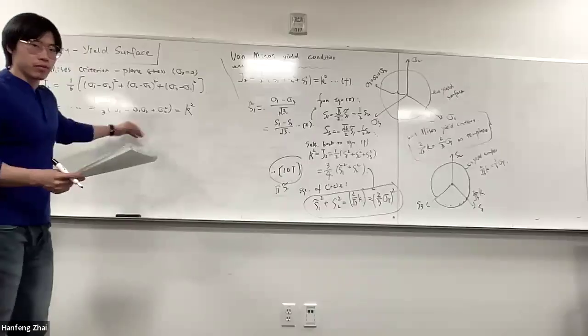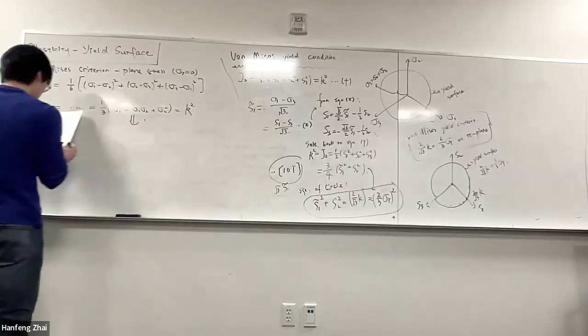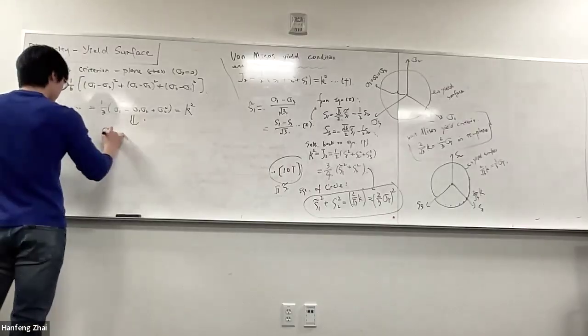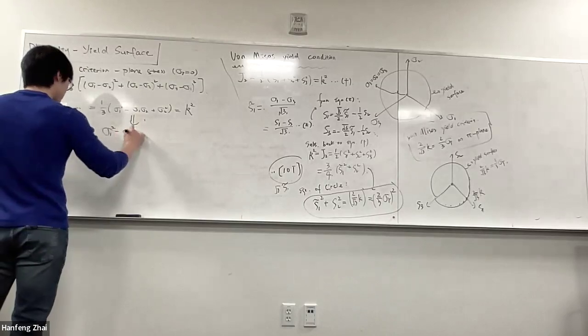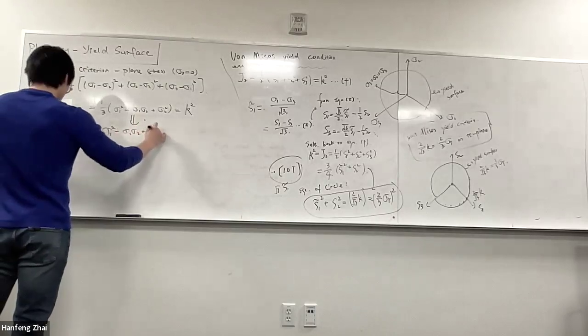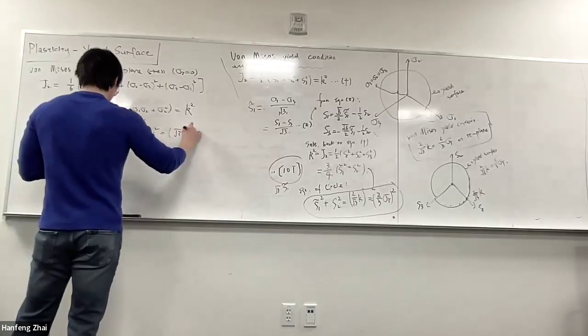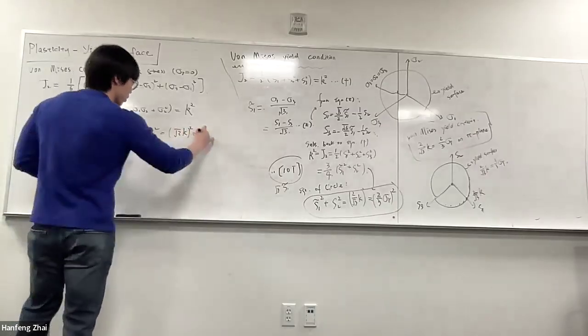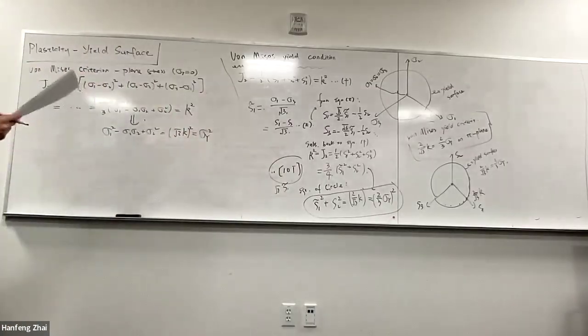And what can we further get from this equation? We further obtain sigma 1 squared minus sigma 1 sigma 2 plus sigma 2 squared equals (square root of 3 k) squared, which is the yield stress squared.